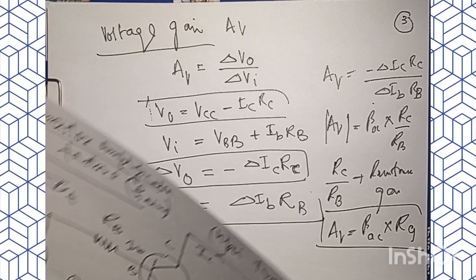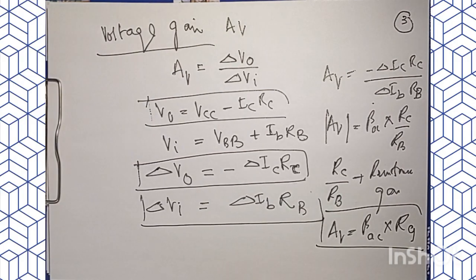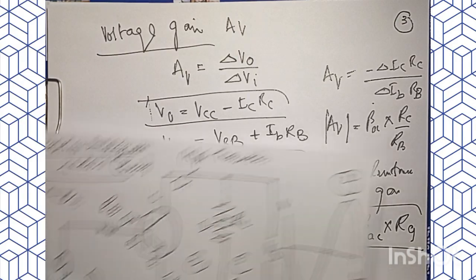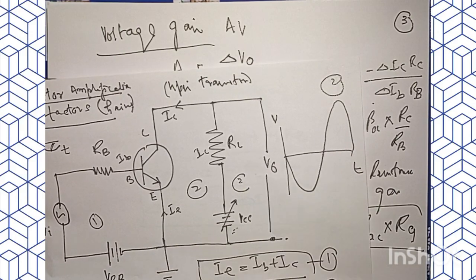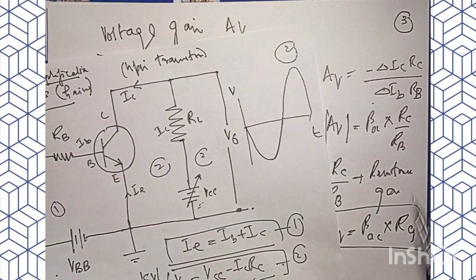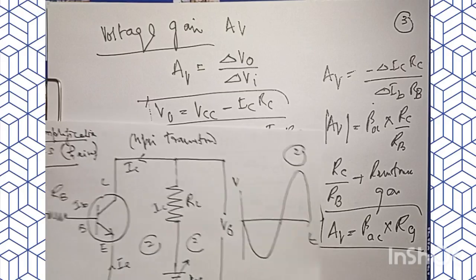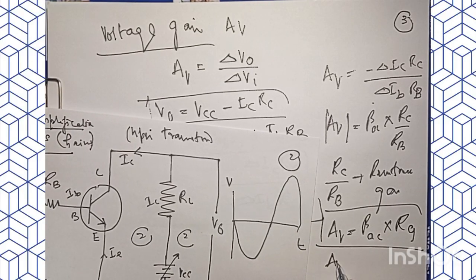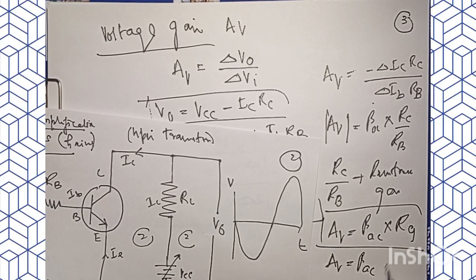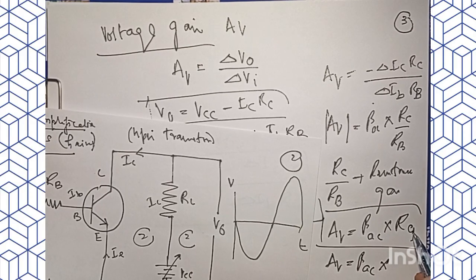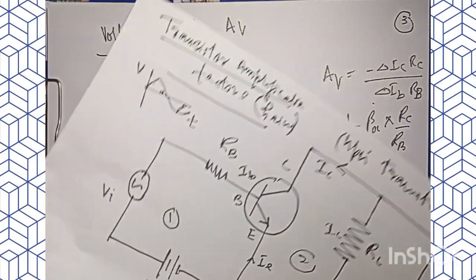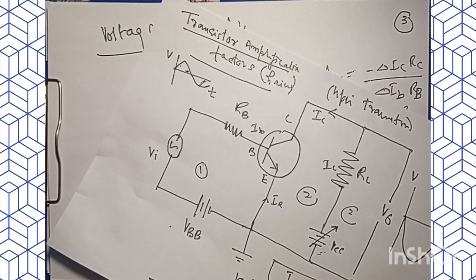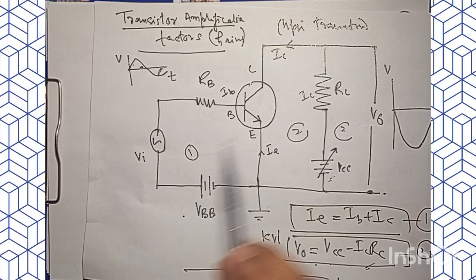One should keep in mind that RC is basically RL here, so we can change RC to RL. This RG is the ratio between the load resistance and the base resistance.